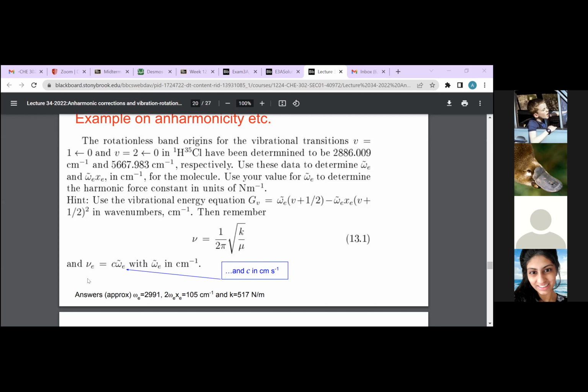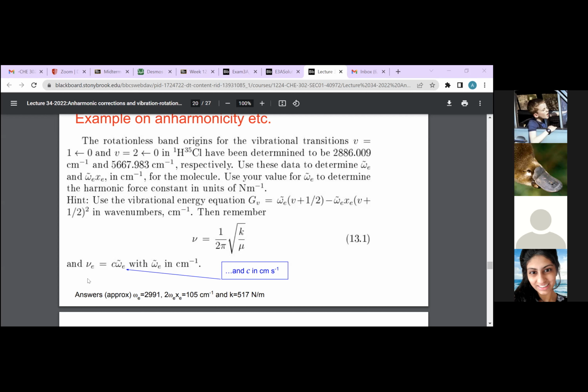I'm guessing it's in the notebook. Just give me a second to pull it out. Okay, just that: determine WE, WXC. That's the fundamental.